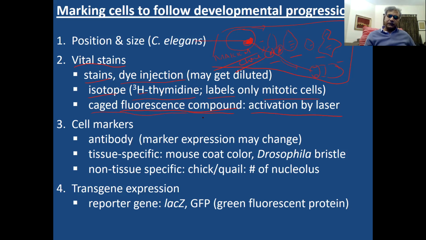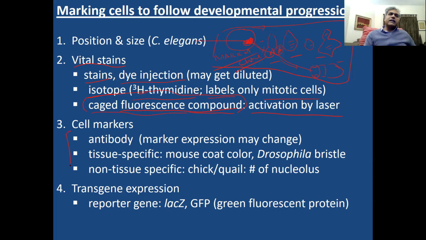As cells grow, they keep these compounds within the cells, and when you want to do analysis, you hit with the laser, and if your compounds have been through a specific cell lineage, that whole lineage will glow.